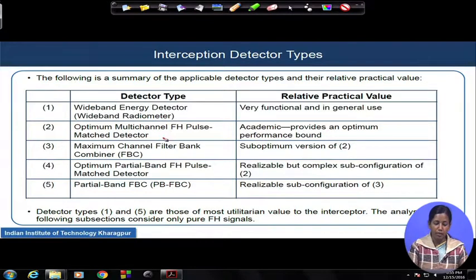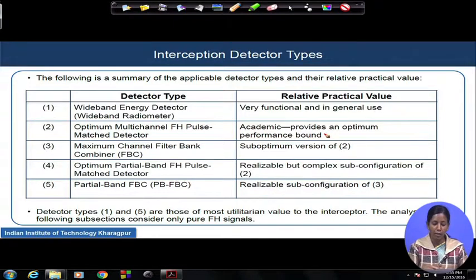The second type of detector is the optimum multi-channel frequency hopping pulse matched detector. These are very much theoretical, or academic I should say, detectors, and they provide an optimum performance bound.